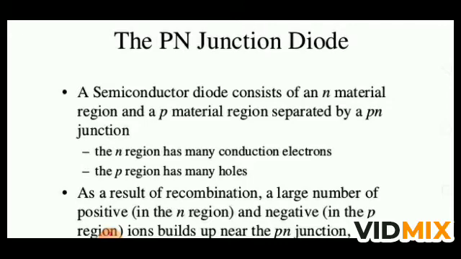A semiconductor diode consists of an N material region and a P material region separated by a PN junction, and the N region has many conduction electrons and the P region has many holes. Means the carrier of current in the P region is holes, and the carrier of current in the N region is mainly conduction electrons.